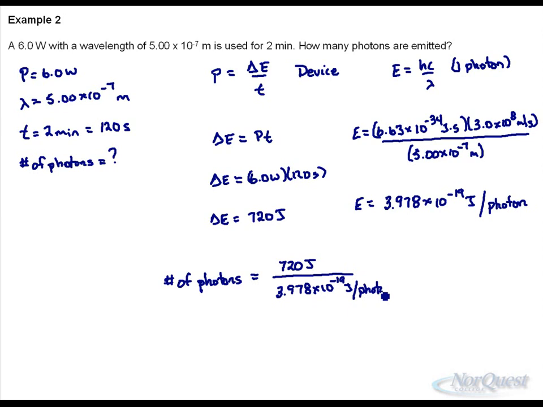Notice all you get as units after is units of photons. So if you go 720 divided by that answer, you end up with 1.81 times 10 to the 21 photons.